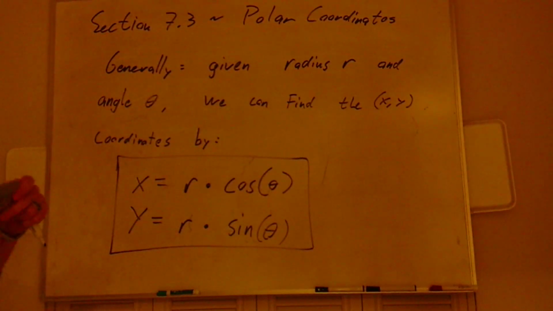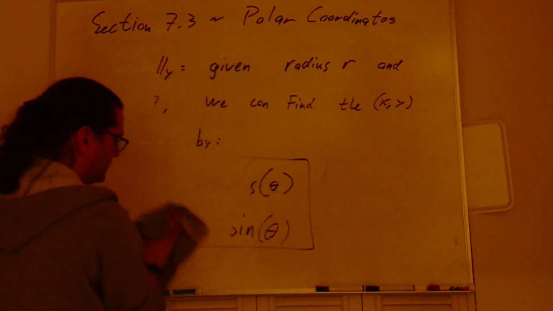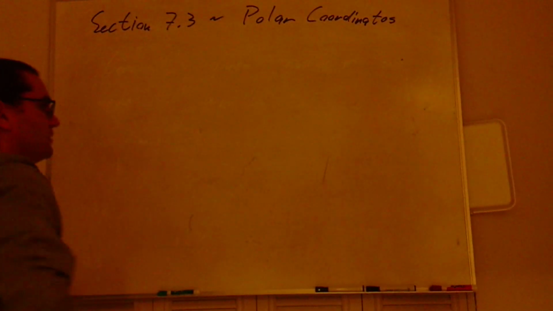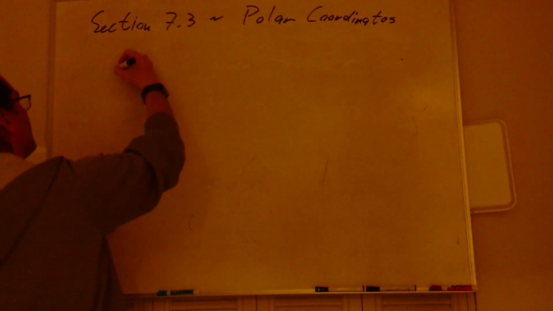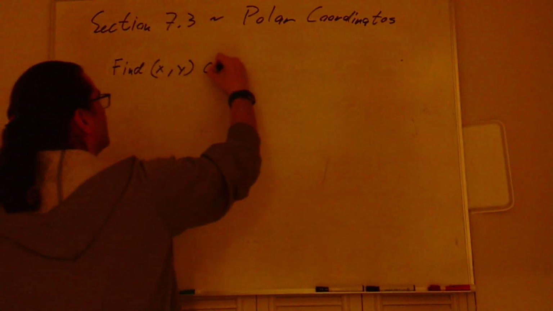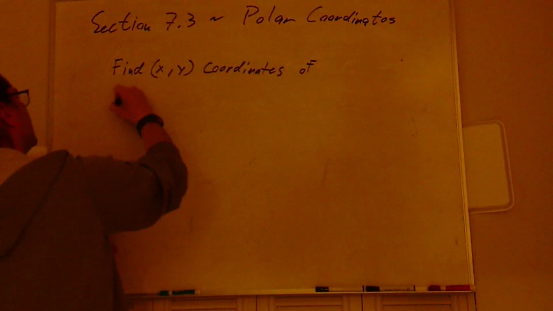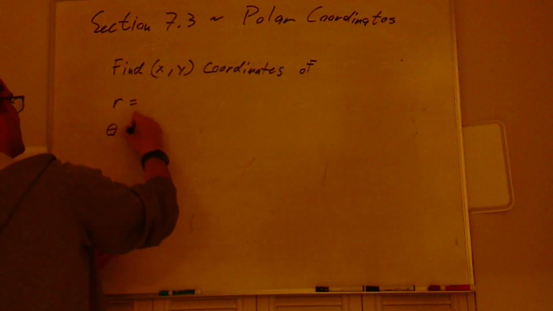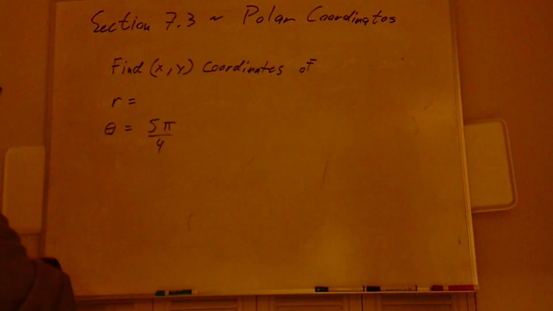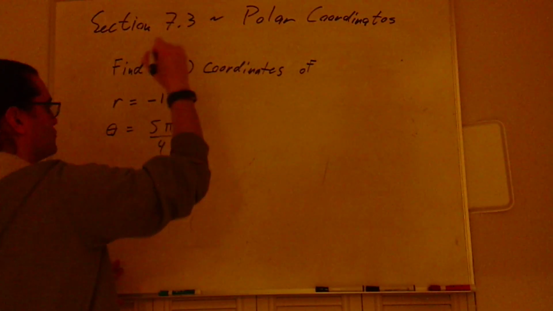Sometimes this is going to get a little weird. Sometimes people will ask you to find the coordinates of, say, theta equals 5 pi over 4 and r equals negative 12.